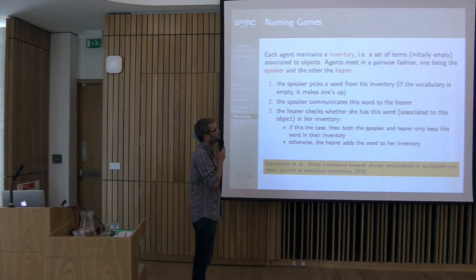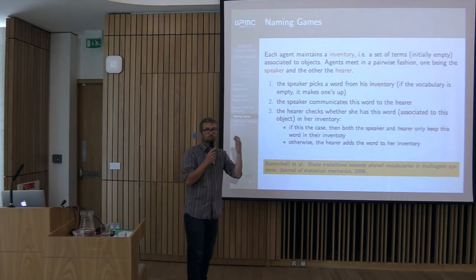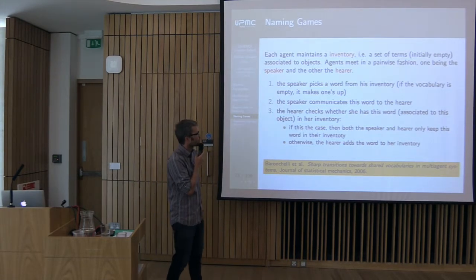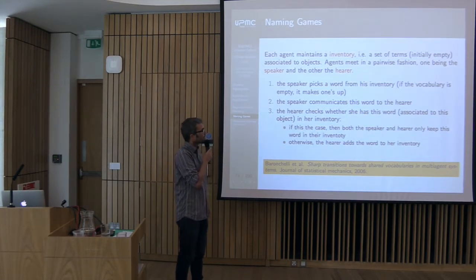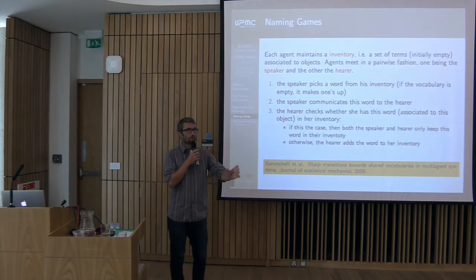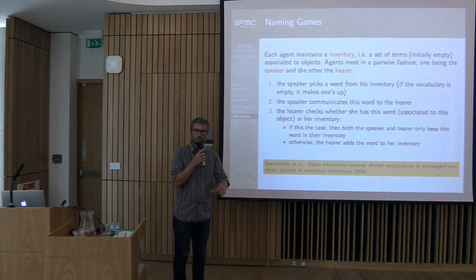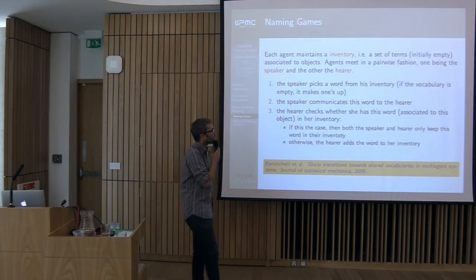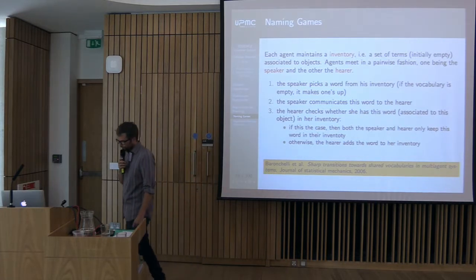Initially, this is an empty inventory. These terms are associated to an object. I will assume next that we just have one object, without loss of generality. Agents meet, only two of them at a time, and when they meet, one is the speaker and the other one is the hearer.